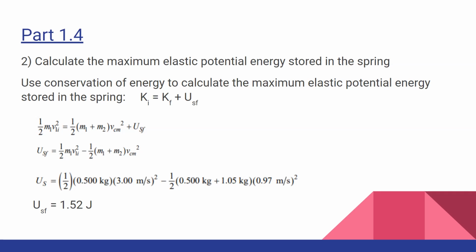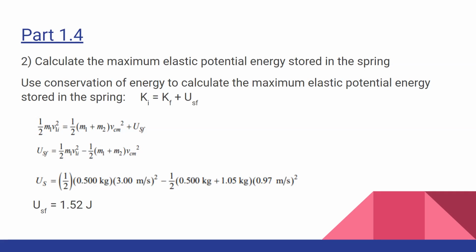So here we have to use that, because we know that at some point during the collision, cart 1 pressed into cart 2, which resulted in maximum compression of the spring. And at that point, when the spring is compressed at its maximum, that's when we are at maximum elastic potential energy.